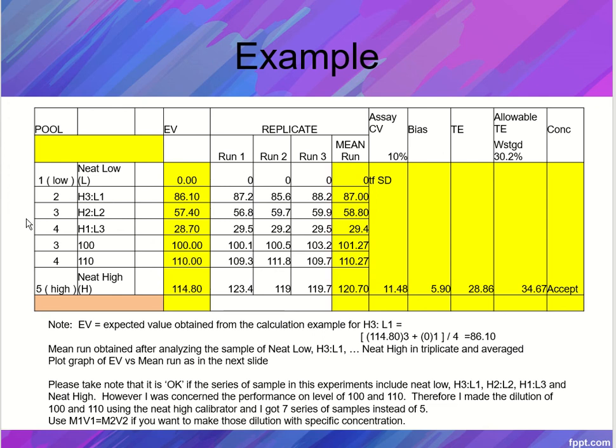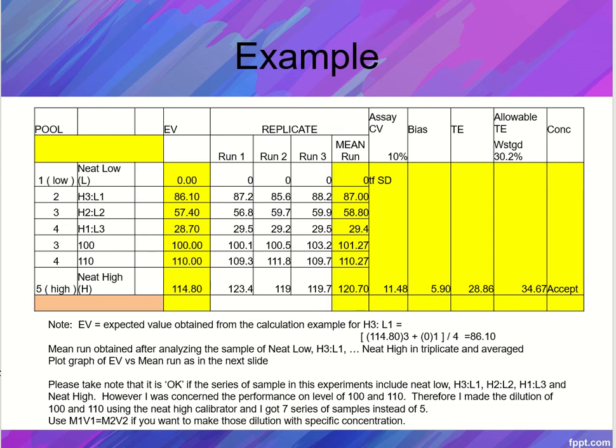You get the low concentration, and then the high concentration, and between them the mixtures. 3 parts of high concentration added to 1 part of low concentration, so this is the result. 2 parts of high concentration added to 2 parts of low concentration, and these are the results after you measure in triplicate. And the same goes for this row.